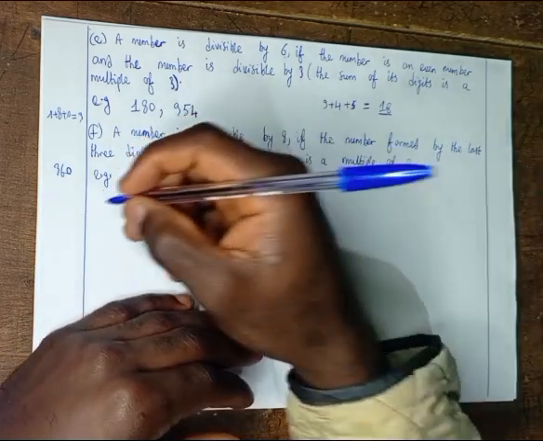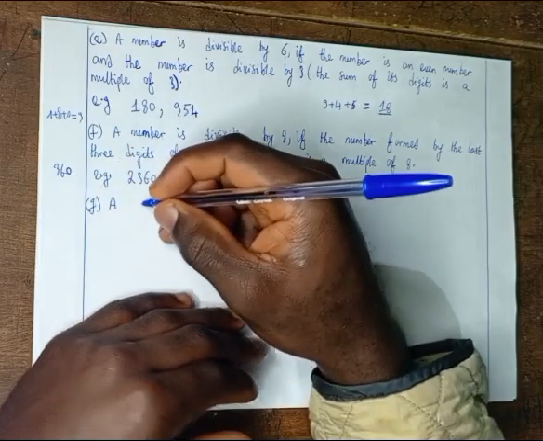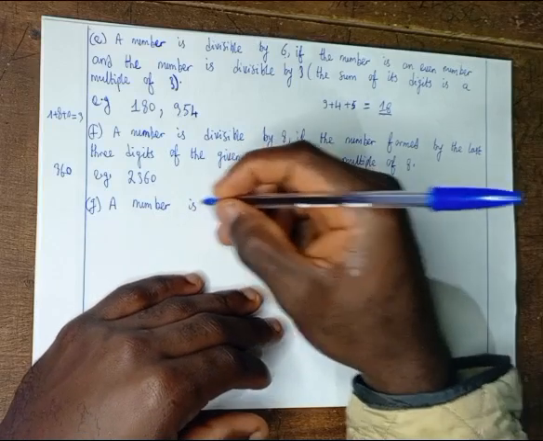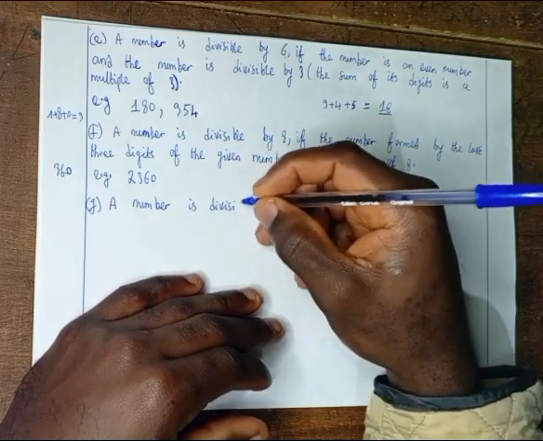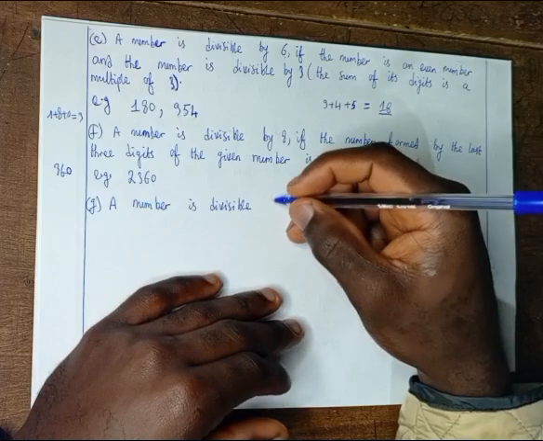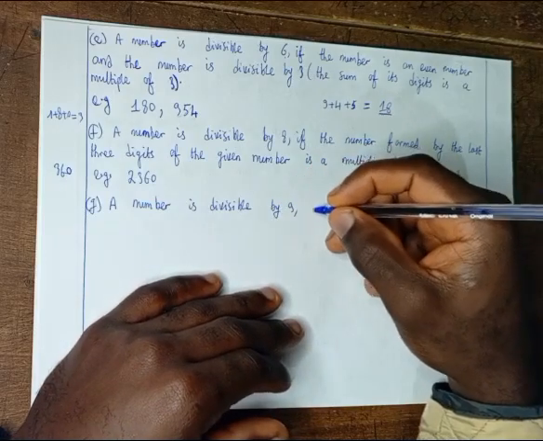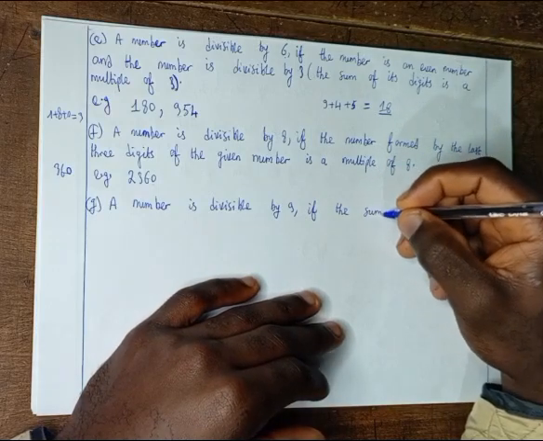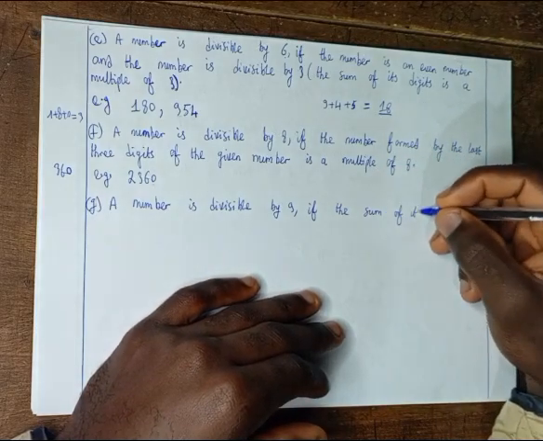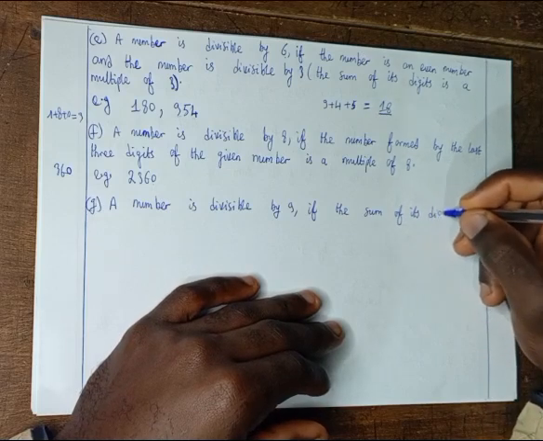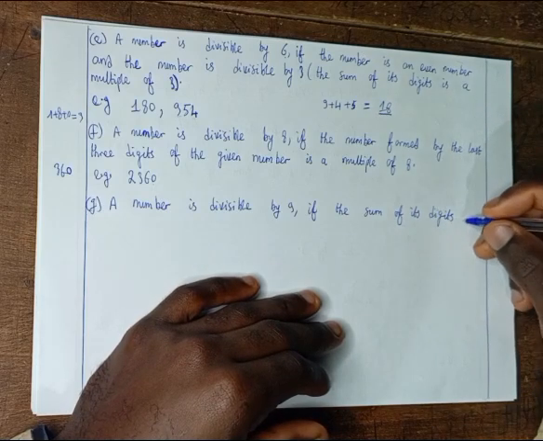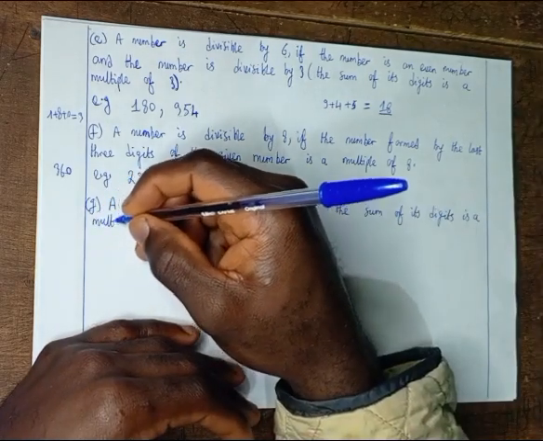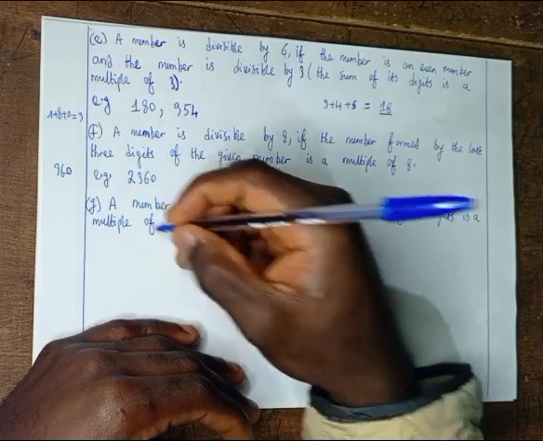Now let's go to G. A number is divisible by 9 if the sum of its digits is a multiple of 9.